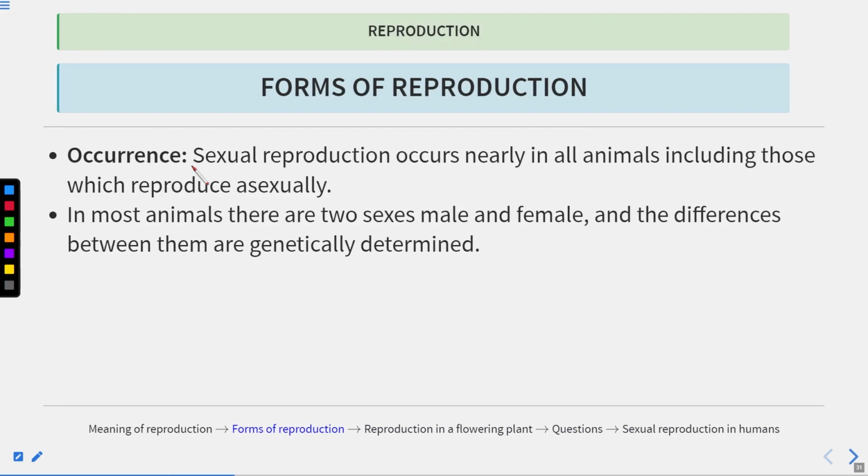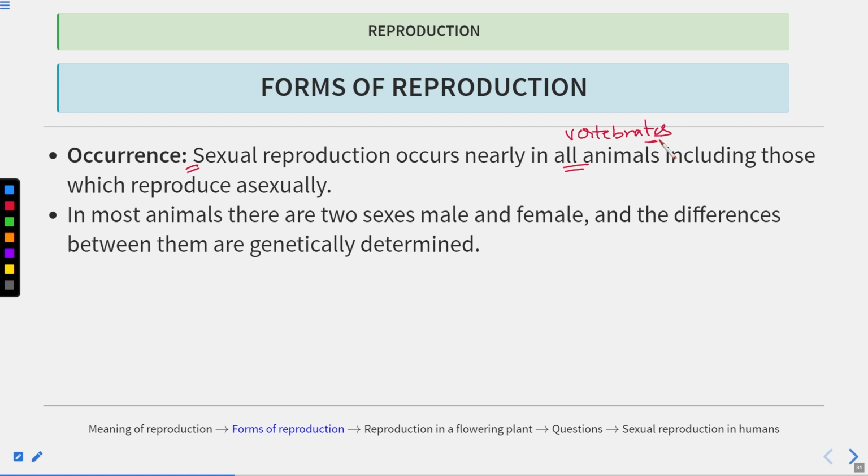Now, where does sexual reproduction take place? It takes place in nearly all the animals, or you can say in the higher organisms, or the vertebrates. Asexual reproduction takes place in the lower organisms such as bacteria.